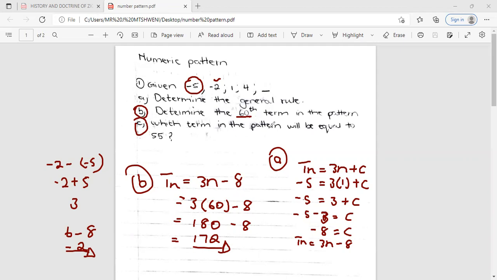Which term in the pattern will be equal to 55? Which term will be equal to, this is the key, equal to, which means this 55 will be on the other side of the equal sign of the equation.